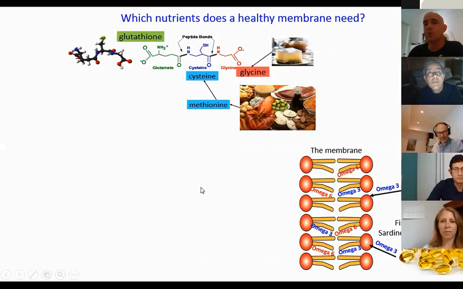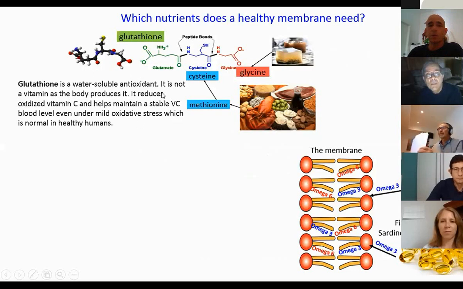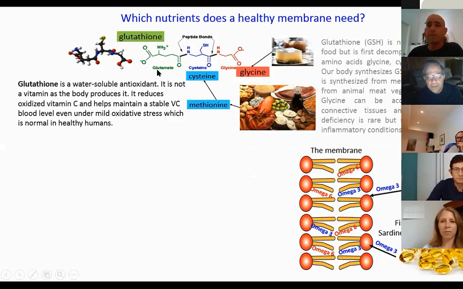There are two other nutrients which are very important. One is glutathione. It's not a vitamin. Glutathione is a water-soluble antioxidant. Our body manufactures it from glycine, cysteine, and glutamate.